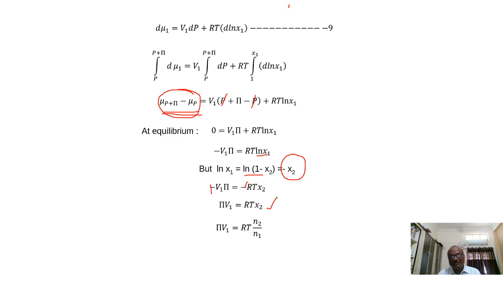The mole fraction of solute. The mole fraction of solute will be equal to N2 by (N1 plus N2), but in the case of a dilute solution, N2 can be neglected in the denominator, so only N1 will be present. So πV1 is equal to RT into N2 by N1. This is the final equation we got.